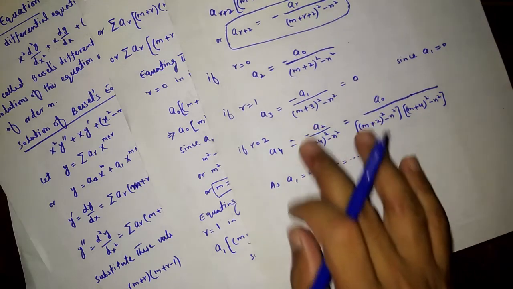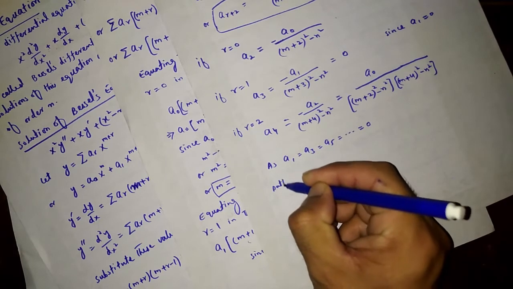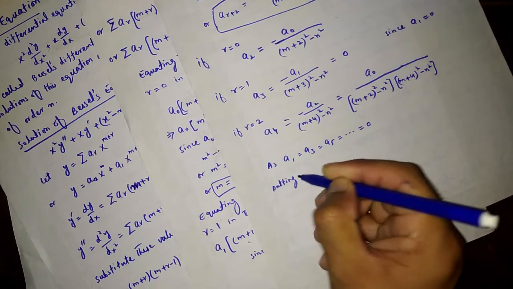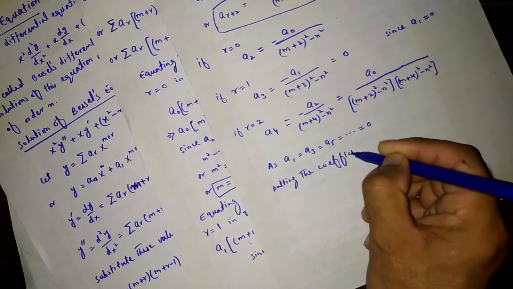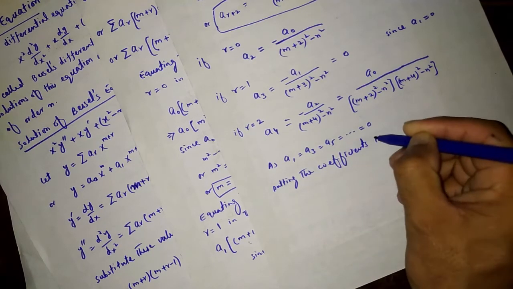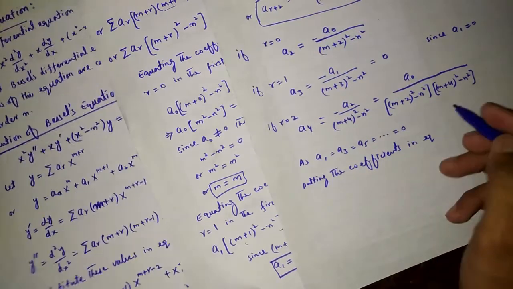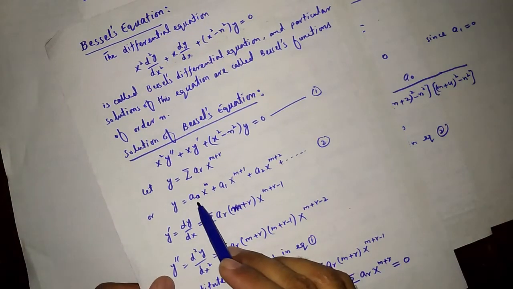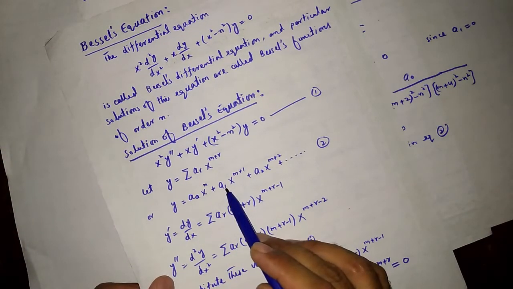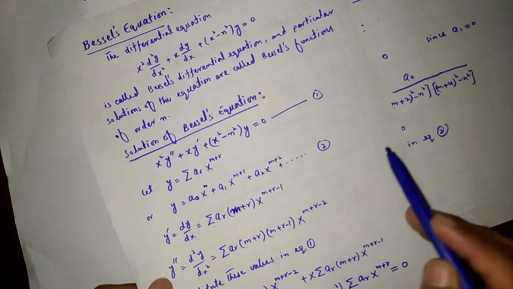So putting all these coefficients in equation number 2. Here we have to put a0, a1 is 0, and we have to put a2, a4 and so on.